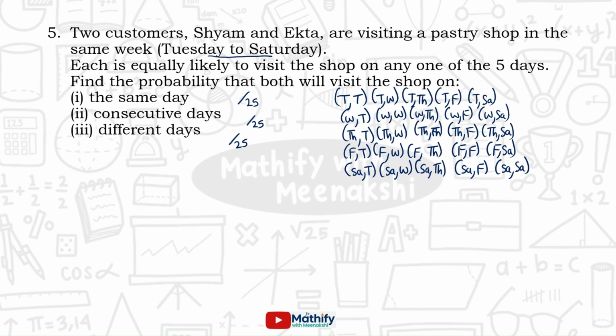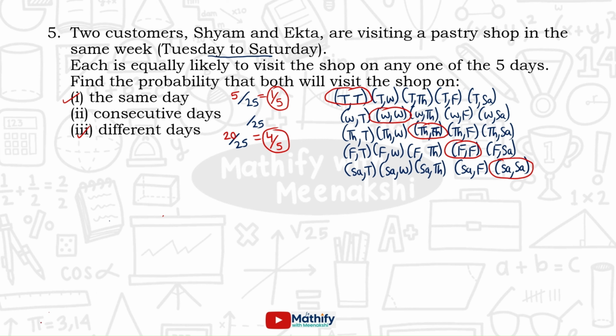Now, for the same day, what are the possibilities? Just see carefully. The same days are here: Tuesday-Tuesday, Wednesday-Wednesday, Thursday-Thursday, Friday-Friday, and Saturday-Saturday. That means 5 out of 25, you can say 1/5. And if you know the same day, then for different days, the remaining ones, you can say 20/25, that is 4/5. Now we have to think about consecutive days.